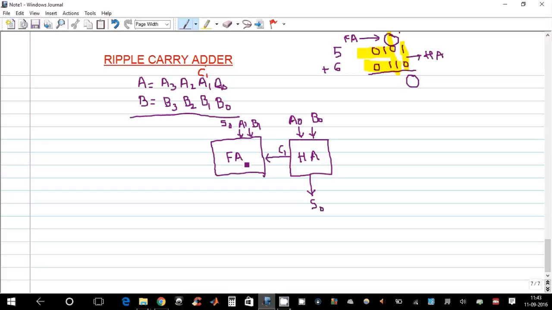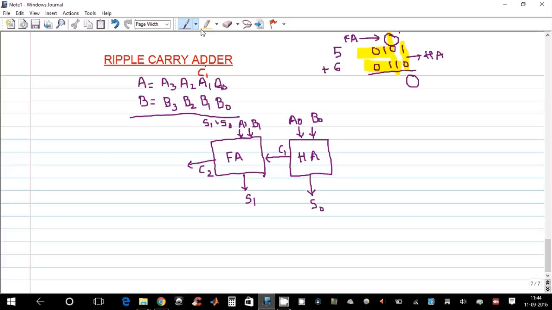These are the inputs of this full adder, which will generate one sum expression S1 and one carry expression, let's call this C2.